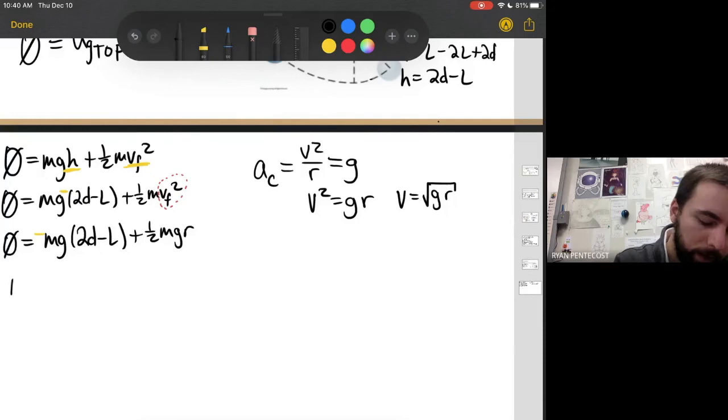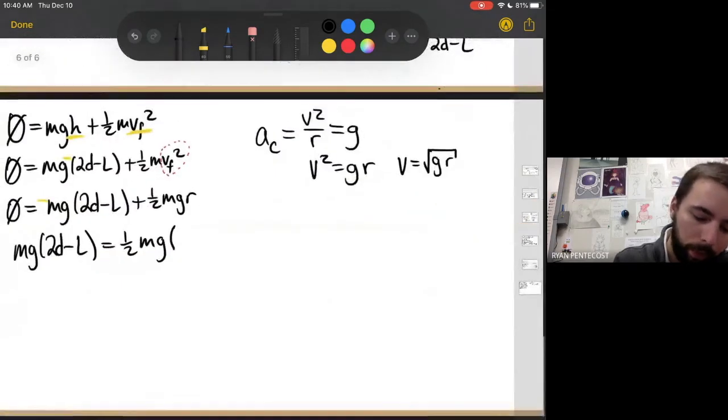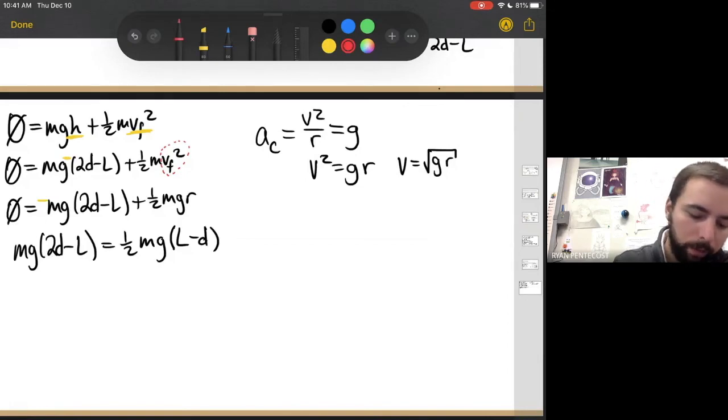So we've got mg times 2d minus L equals 1/2 mg times r, which is L minus d. Okay, so here we're going to solve for d. Right out of the gate, m's can go away.